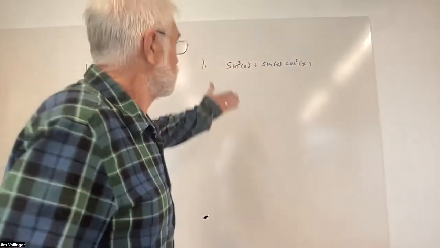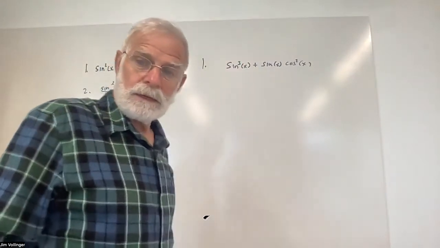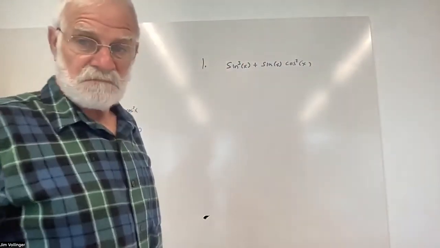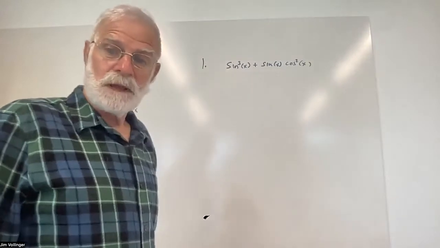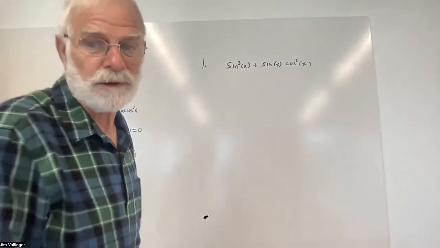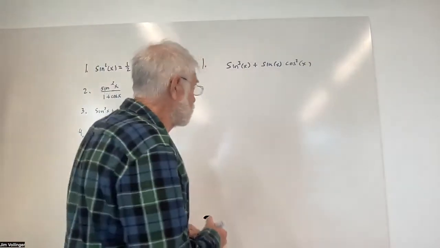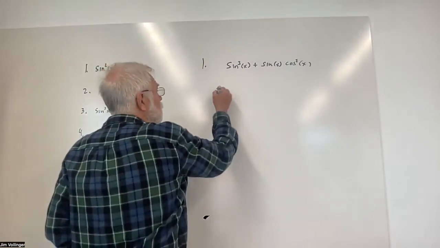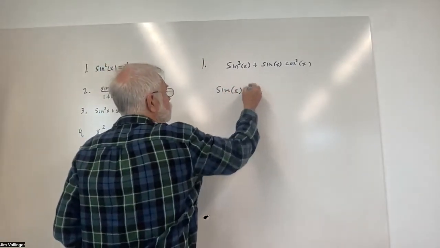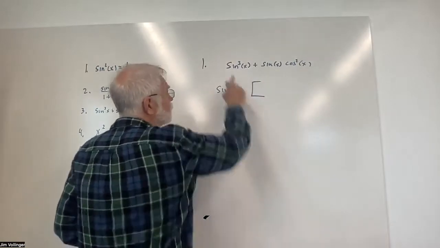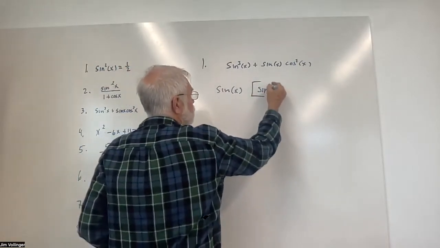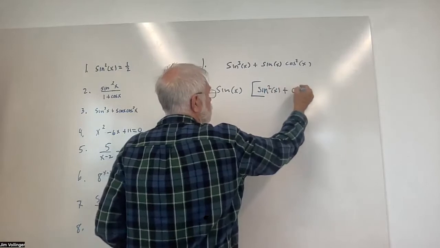So this was a simplification problem, and the difficulty came from not being able to rewrite it in the following way. The first rule of writing products is take out what's common. Sine x times, I'll put it in brackets, sine squared x plus cosine squared x.